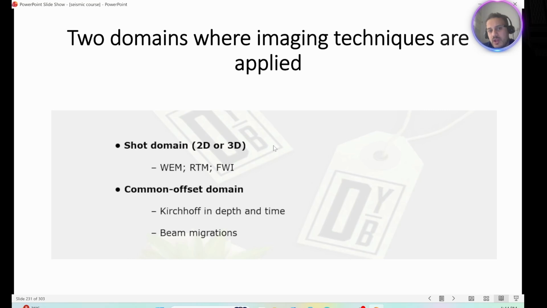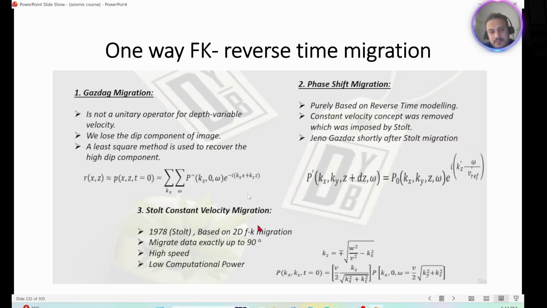And the domains where imaging techniques are applied: we have two domains when the migration is applied, the shot domain and the common offset domain. Within the migration methods we have Kirchhoff migration, phase shift migration, and Stolt constant velocity migration. So here we lose the dip component of the image.